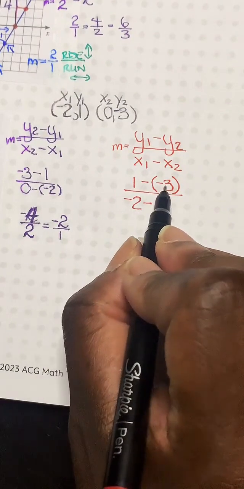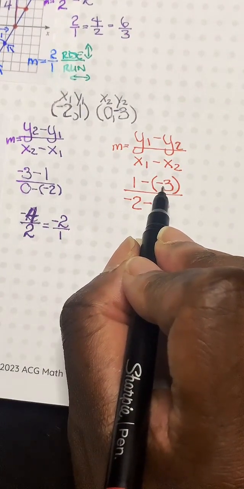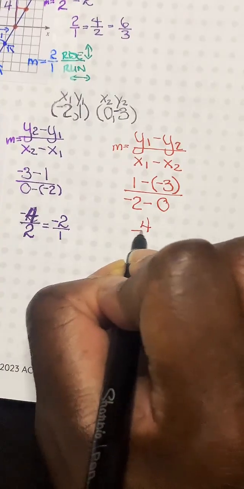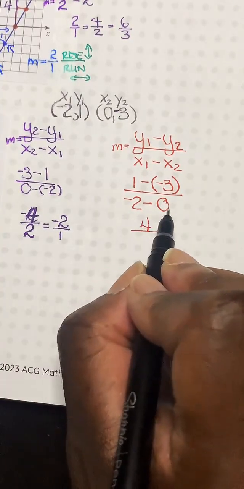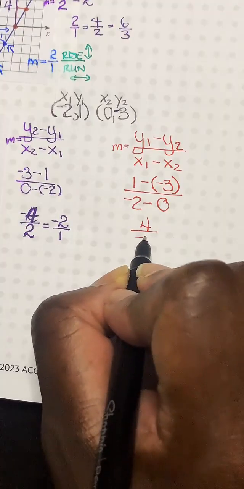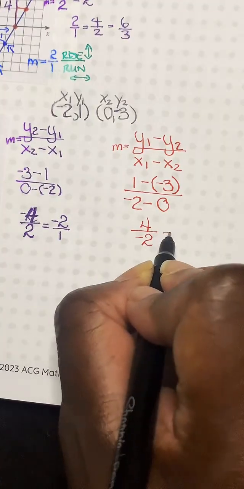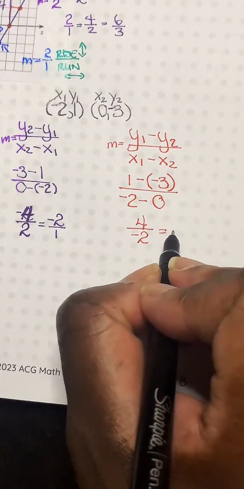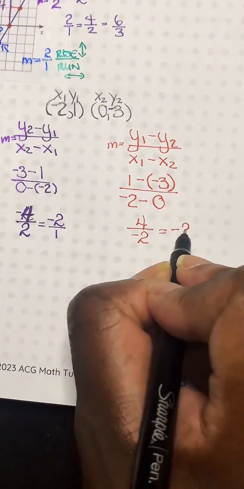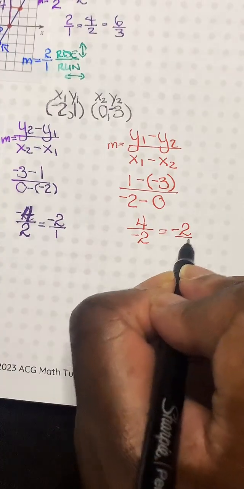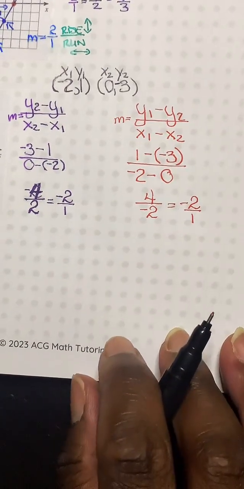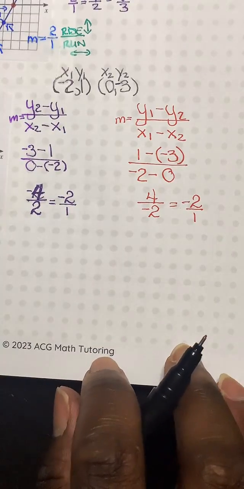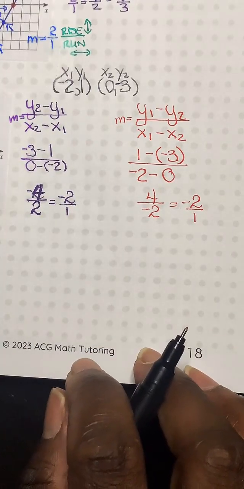So when you minus a negative, it turns positive. So that will be a plus 3. So that makes that a 4. And negative 2 minus 0, that also gives me a negative 2. So 4 divided by negative 2 gives me negative 2. You get the same answer. Okay? You get the same exact answer.